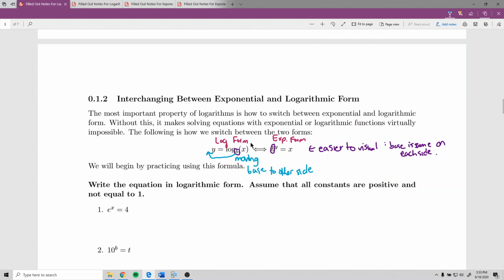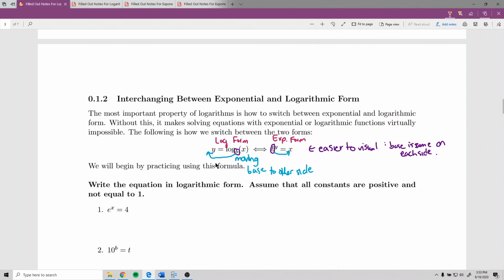But it actually works exactly the same way if we go back the other way. If I'm in exponential form and I want to get over here, the b is with the y. And if I want to get it to this form, the b is with the x. So I do the same thing: I move the base to the other side. And then the only other thing you have to remember is if you don't have a log, then when we get the log form, we would have a log.